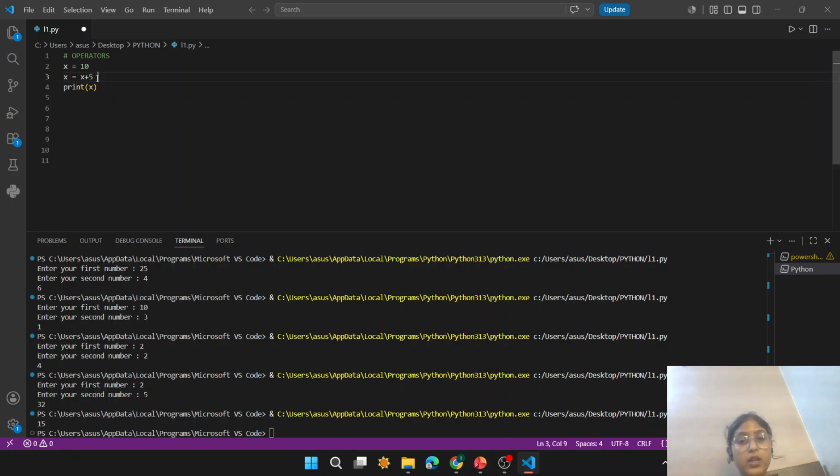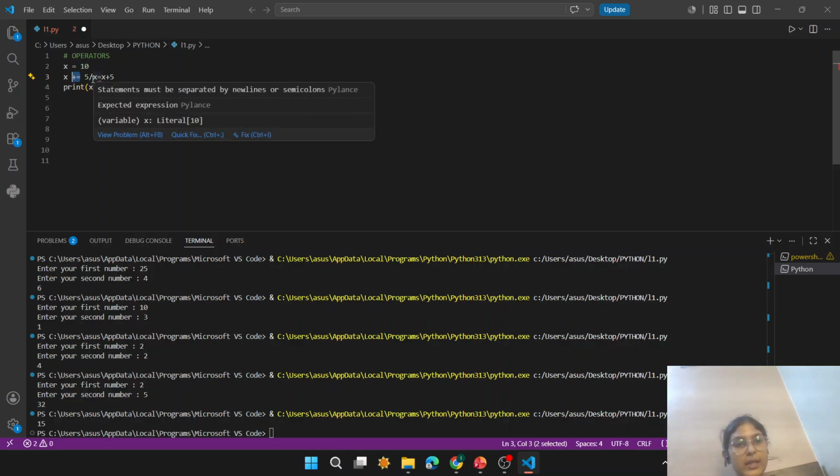Okay. So instead of writing this whole thing, Python gives us the easiest way that you can write it as this. It means the same thing. Either you can write it like this or you can add like this. This is an assignment operator. Both exactly mean the same thing.